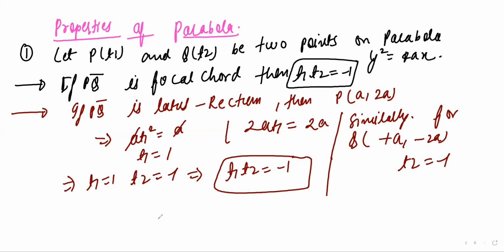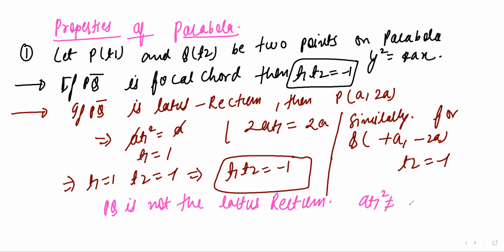Suppose PQ is not the latus rectum. Then a T1 square is not equal to a, and a T2 square is not equal to a. So the slope of these two lines SP and SQ, what will that be?